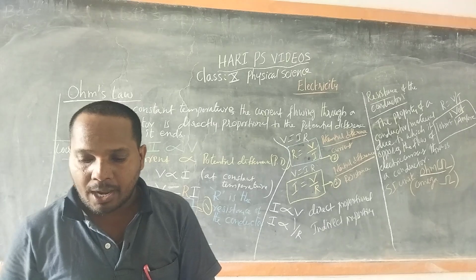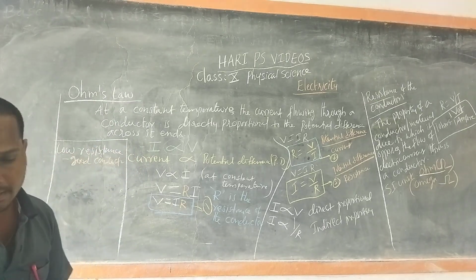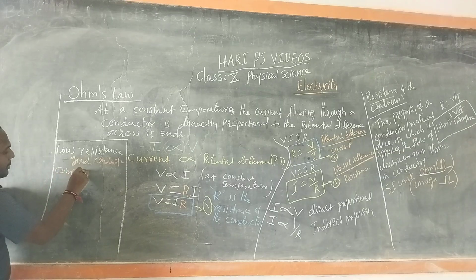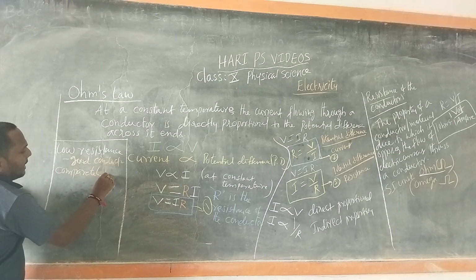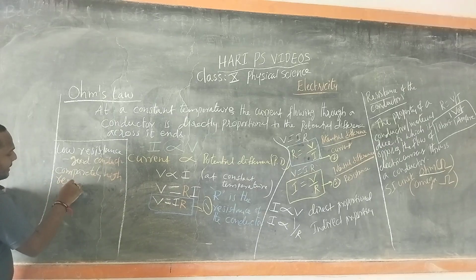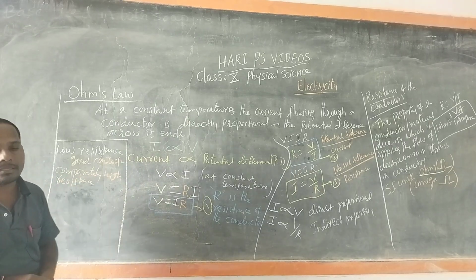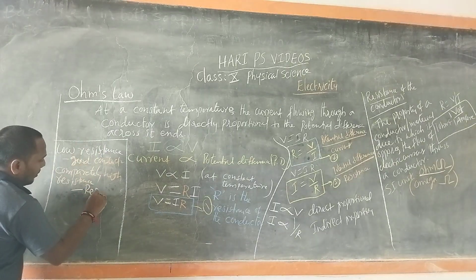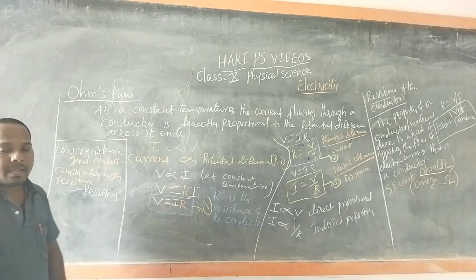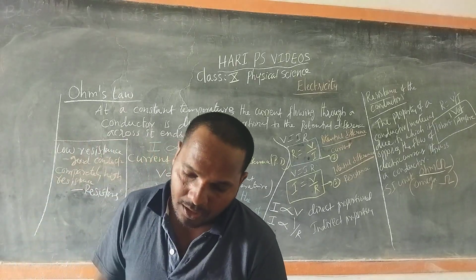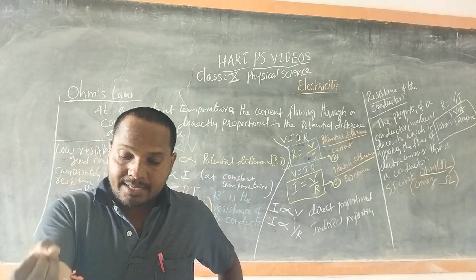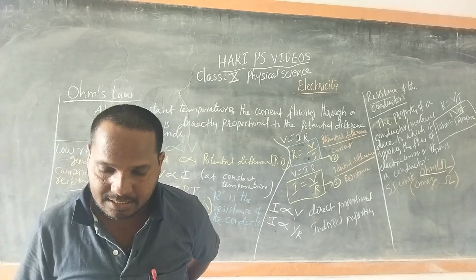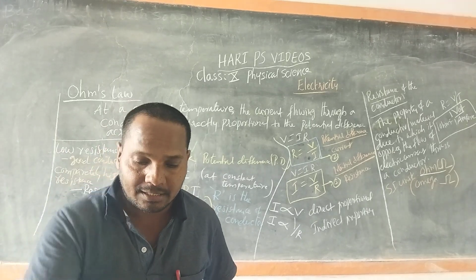Those substances which have comparatively high electrical resistance are called resistors. Examples of resistors are alloys like nichrome, manganese, constantan, all of which have high resistance.